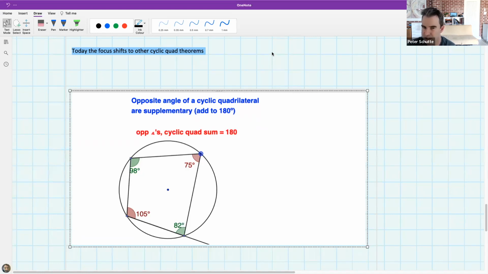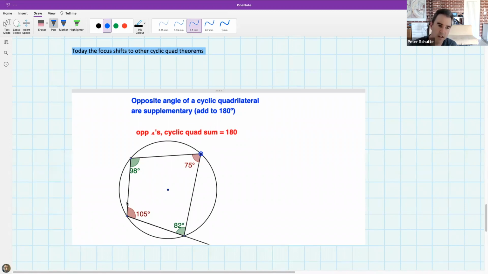I like opposite, but there's something else I want to know as well. Umta, what have you got to say about this? Sir, isn't it the opposite interior angles? There's the magic word.